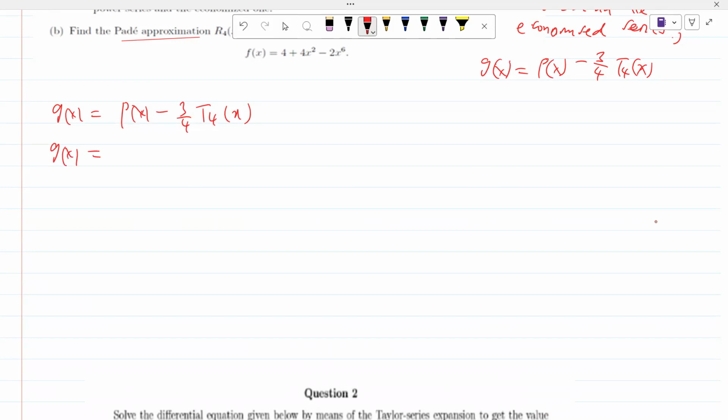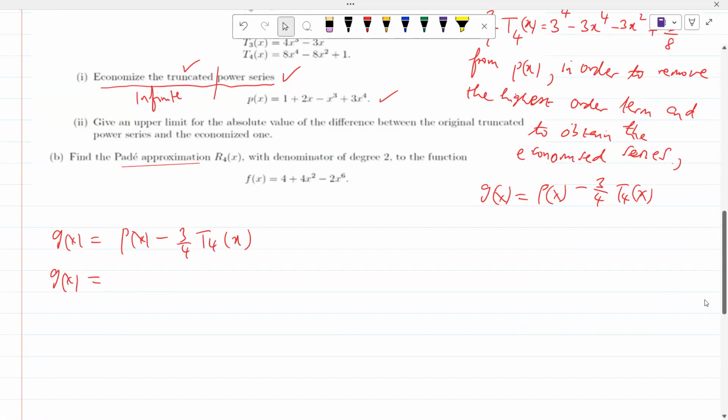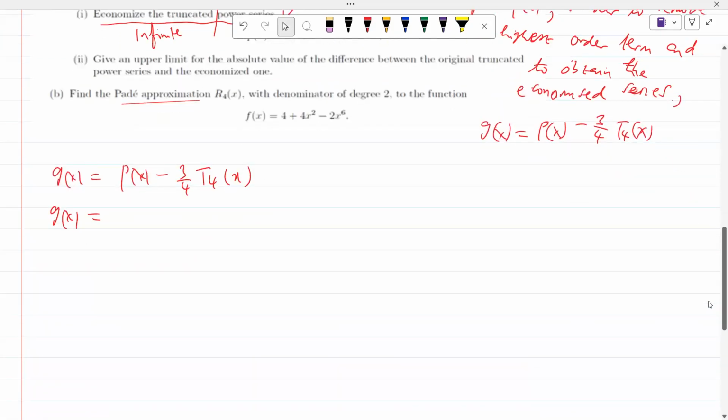The truncated power series in the question is 1 plus 2x, minus x cubed, and then you add 3x to the 4th power, and then you have 3 quarters of that.